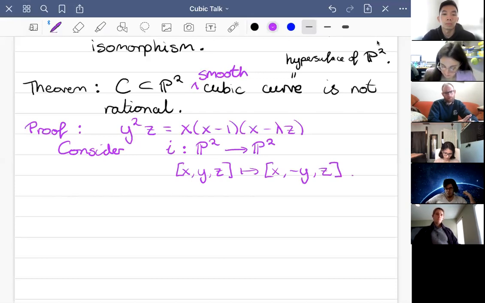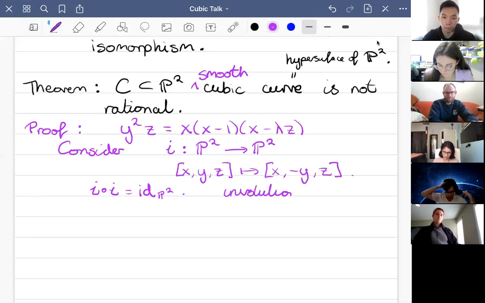So this is a perfectly good morphism, and it actually has finite order. If we do I composed with I, this is obviously just the identity map on P2. So this is called an involution. It's a degree 2 self map.